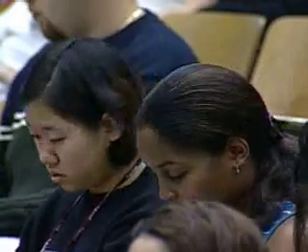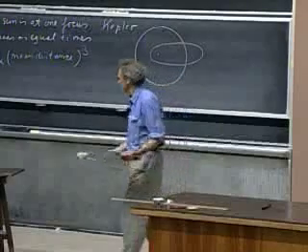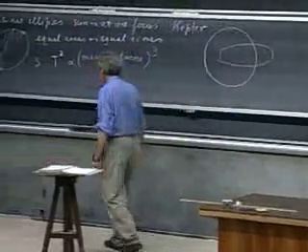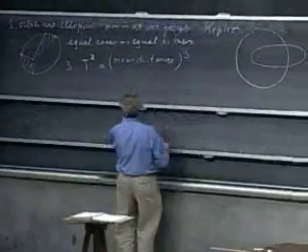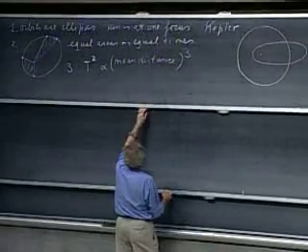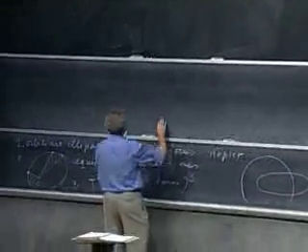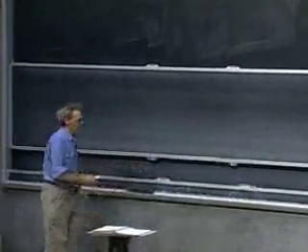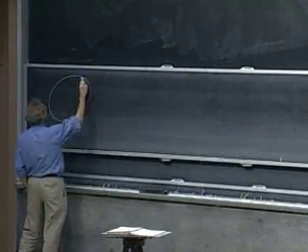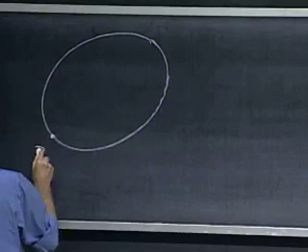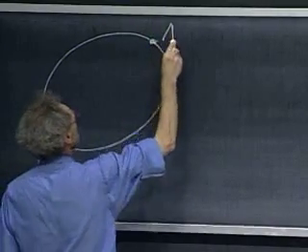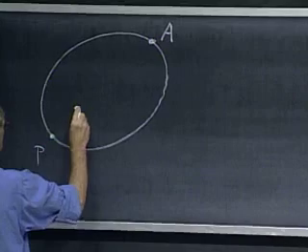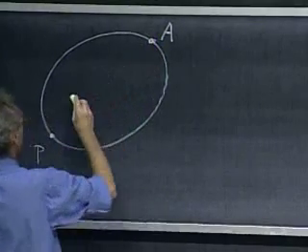I now want to start with a very general initial condition of an object, little m, in an elliptical orbit, and I want to see how we can get all the information about the ellipse that we would like to find out. So I'm only giving you the initial conditions. So here is an ellipse. Here is P and here is A. If this is an ellipse around the Earth, then this would be perigee and this would be apogee.